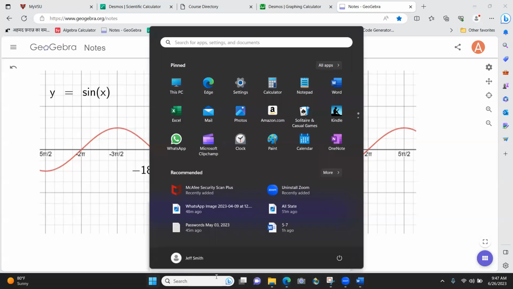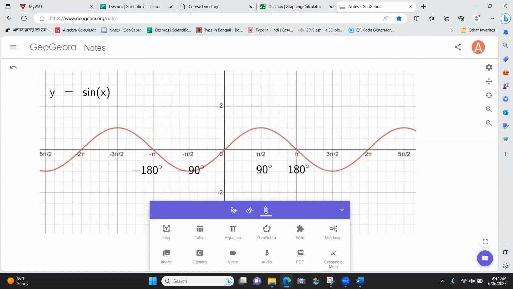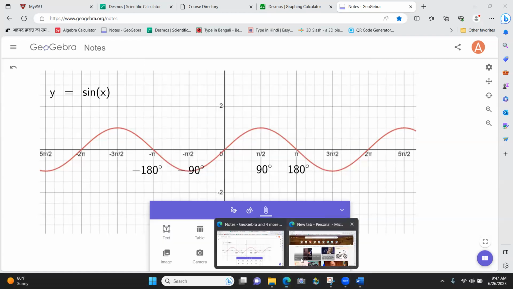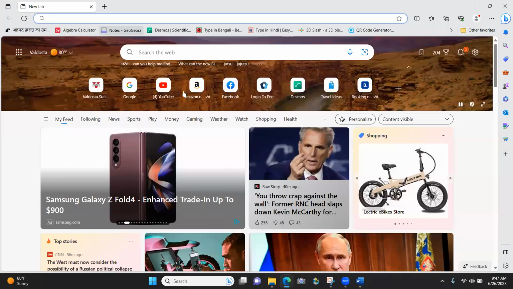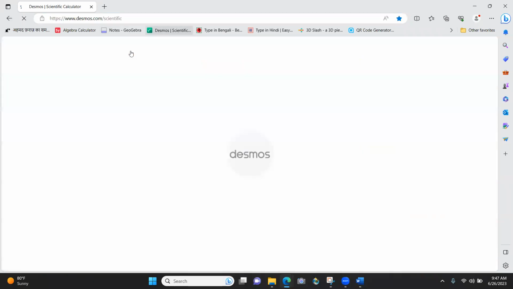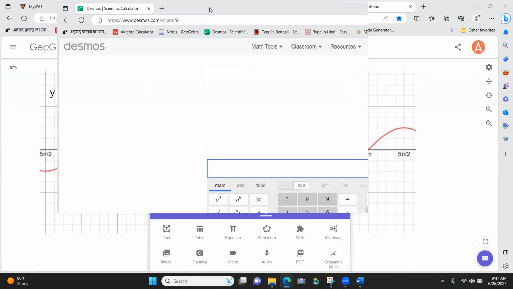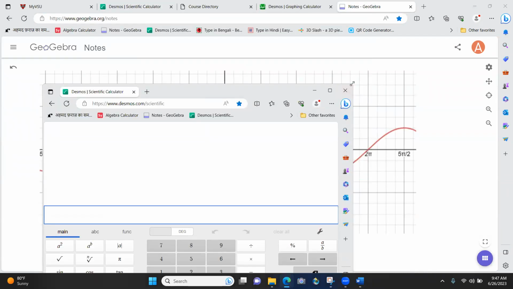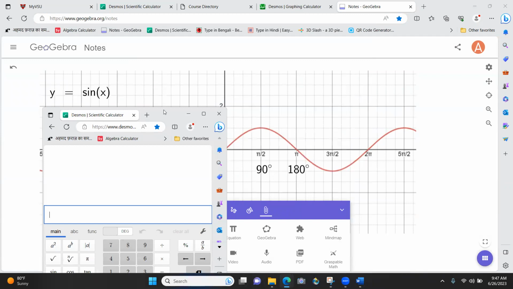So the calculator I use is all from Desmos, okay? All right, so this one. I'm trying to convince you that this is a valid graph. So let's see what sine of 0 is.